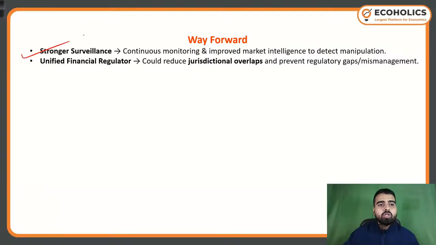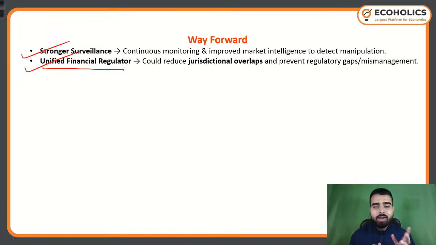Now, what is the way forward? We need to have stronger surveillance, and we need to have a unified financial regulator. It means in the USA they had an idea that Jane Street is doing this. How did they have this idea? Because some employees who were working in Jane Street and knew its strategy joined another firm, and over there they disclosed this strategy or malpractice of Jane Street.